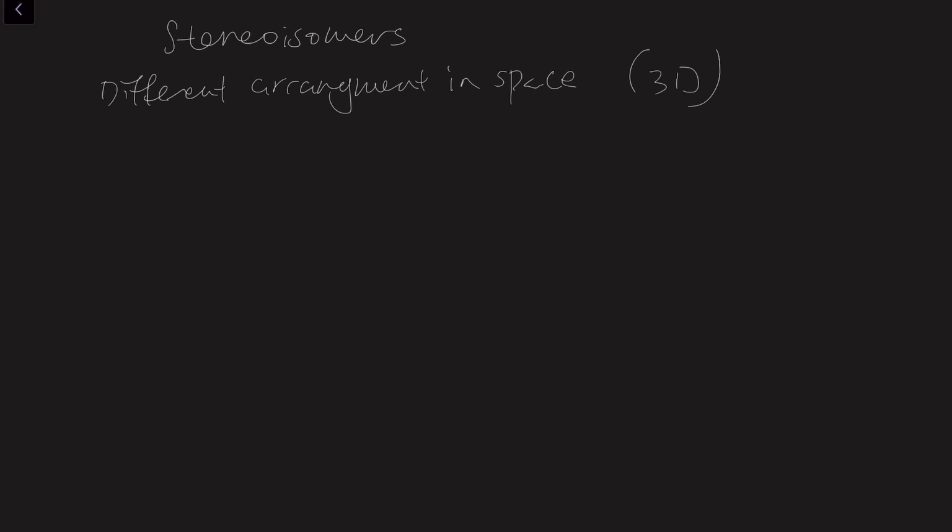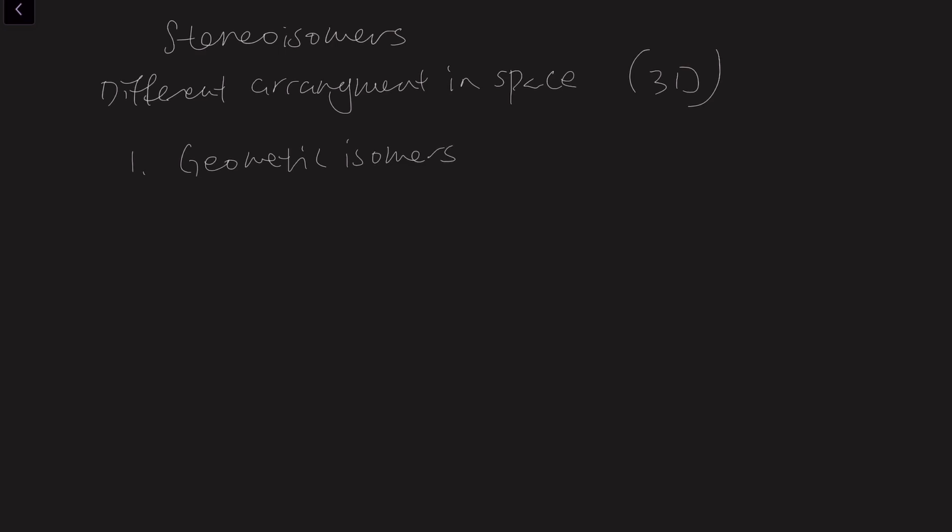So now let's move on to a different type of isomers. It's called stereoisomers. So this is a different arrangement in space. So we now are thinking in 3D. And the first one is called geometric isomers.